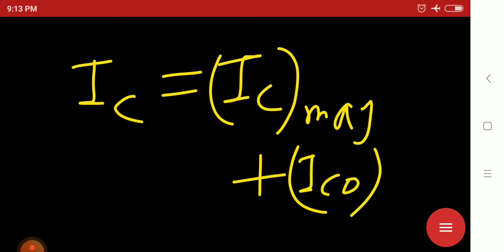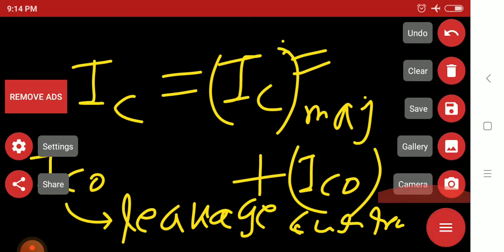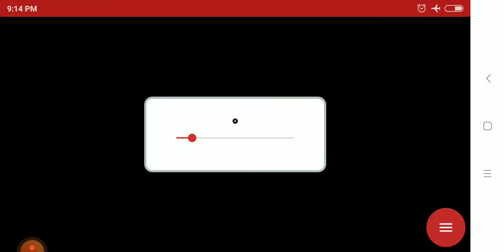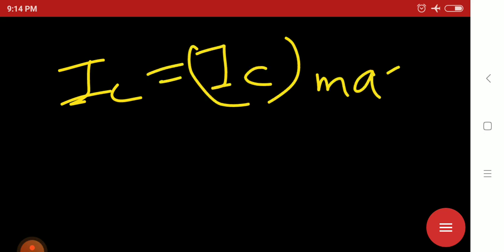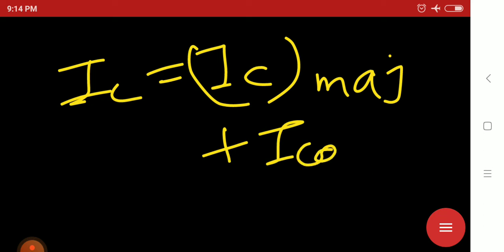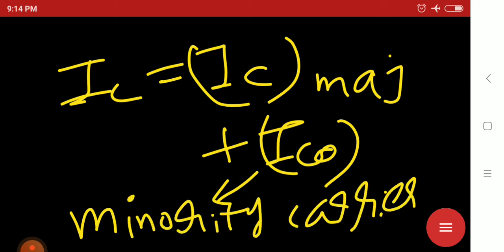Here IC majority is the current due to the majority carriers, and ICO is the leakage current, that is, the collector current due to the minority carriers.